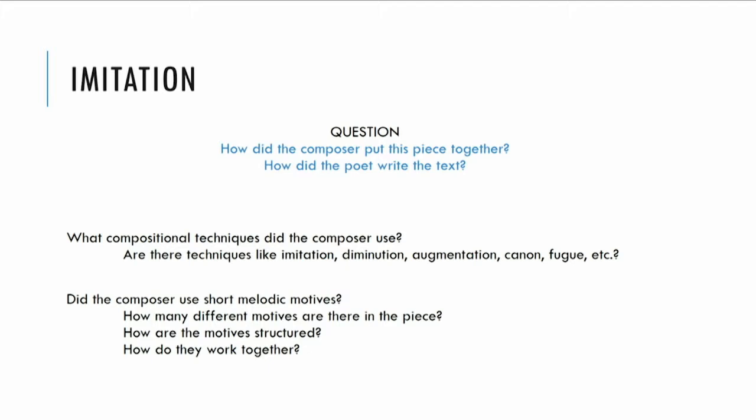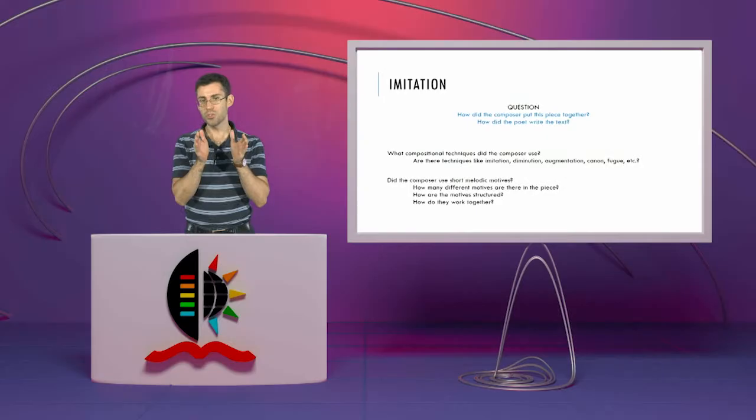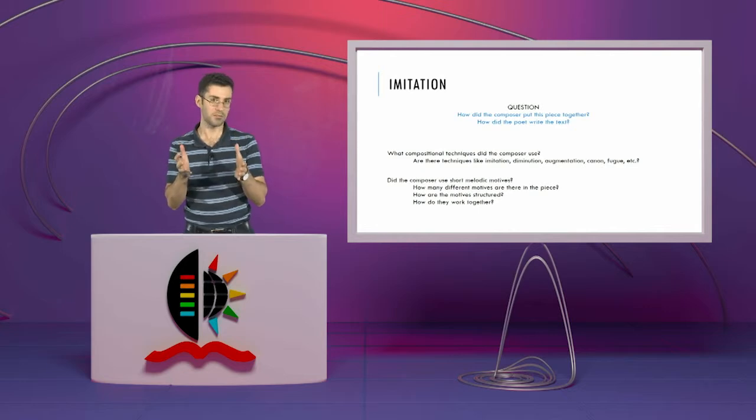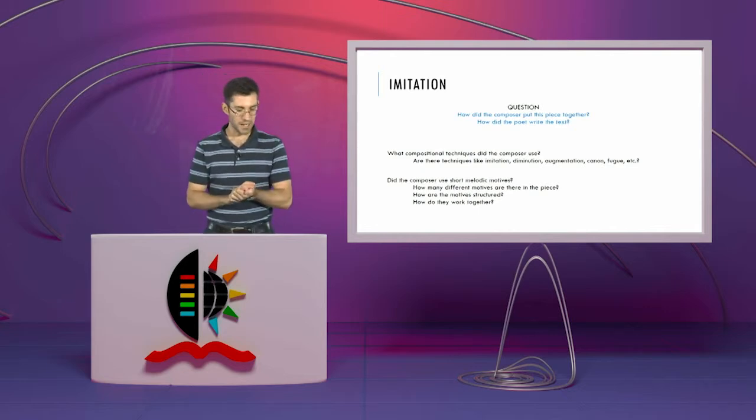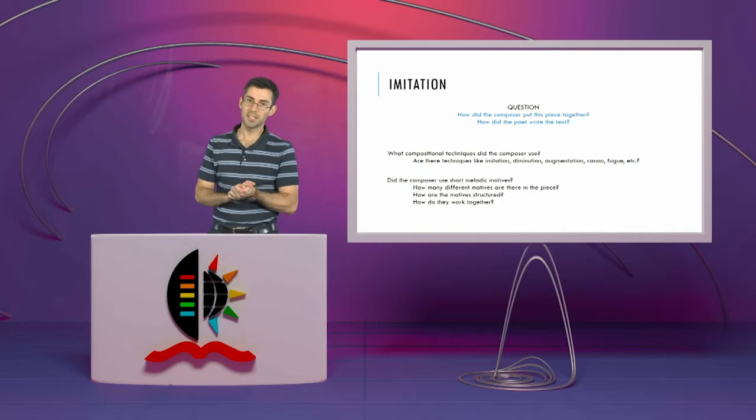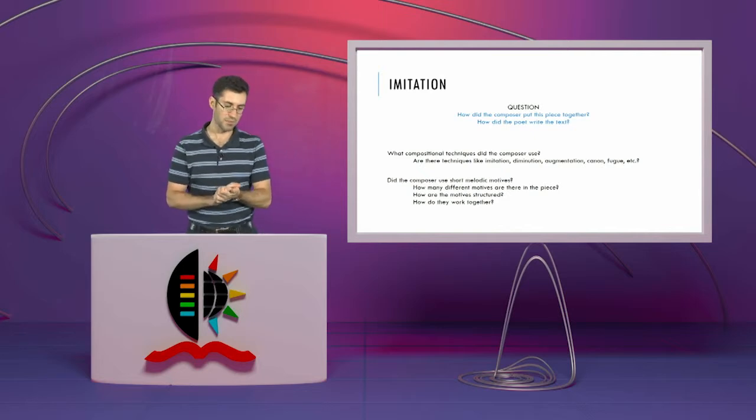What is a motive? Well, it's something very, very short, but which has a very distinct kind of character. So in music, like in Giacolwa, the opening section is very distinctive. It goes ba ba ba di da di da di di di. That has a very distinct kind of rhythmic feel.